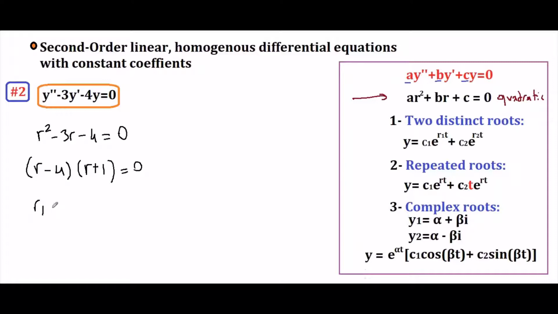From here, r1 is equal to 4 and r2 is equal to -1. Our general solution, we know the template, is c1 times e to the 4t plus c2 times e to the -t.